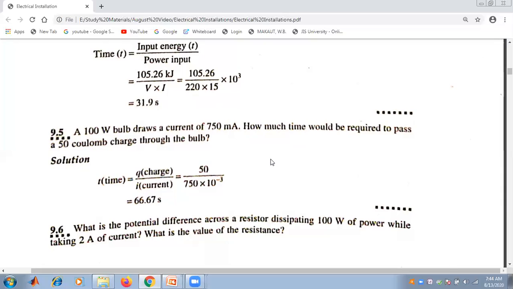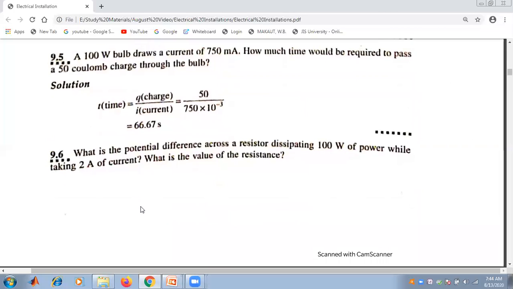From that, time can be calculated. So t equals charge by current, and charge is given 50 coulomb and current is 750 milliampere, that means 750 into 10 to the power of minus 3 ampere. So the time that is required is 66.67 seconds.